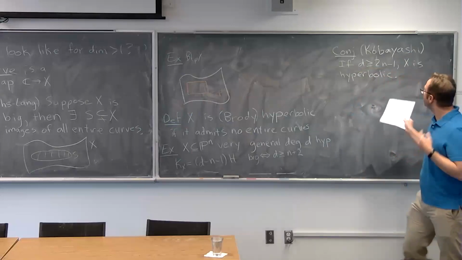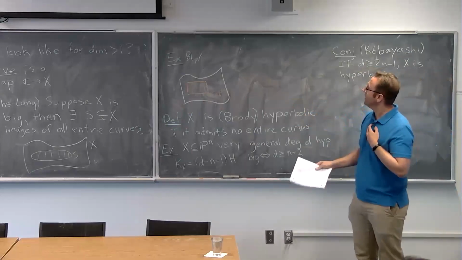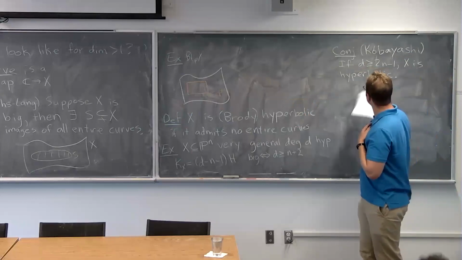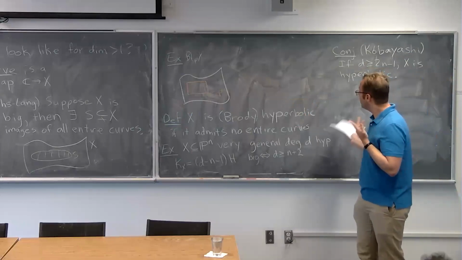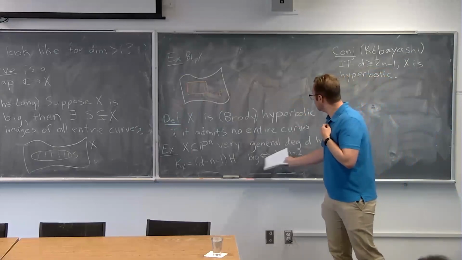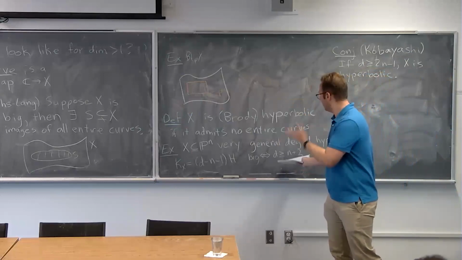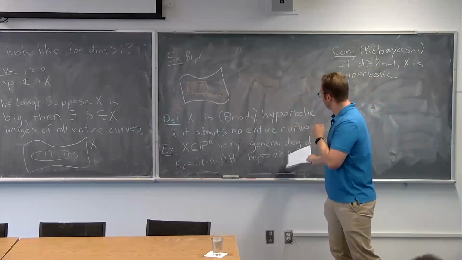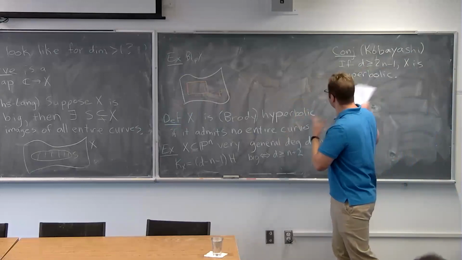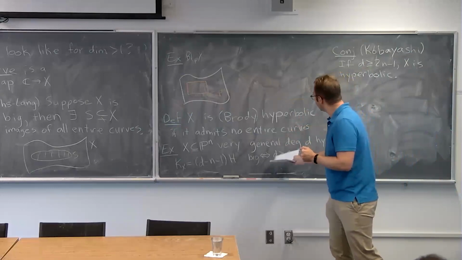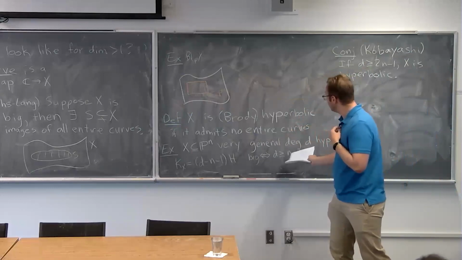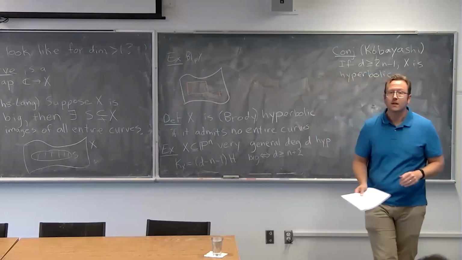This is stronger than the Green-Griffiths-Lang conjecture in that it's saying it's hyperbolic on the nose. Or rather, the conclusion is stronger and the hypothesis is stronger too. We're saying d has to be larger than just the minimum to make it general type.